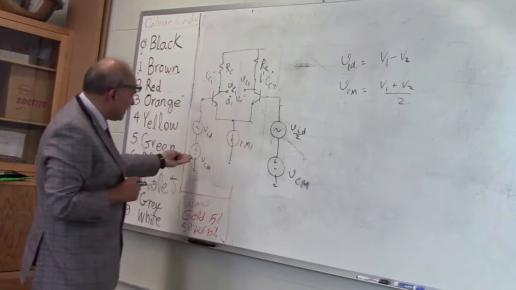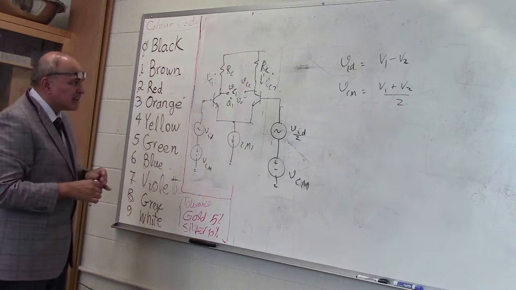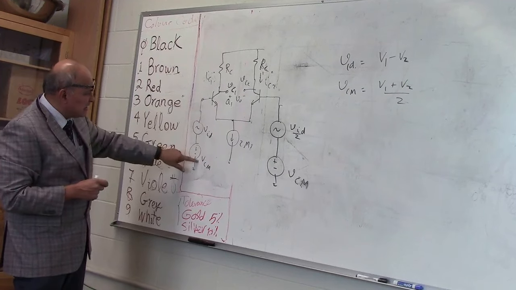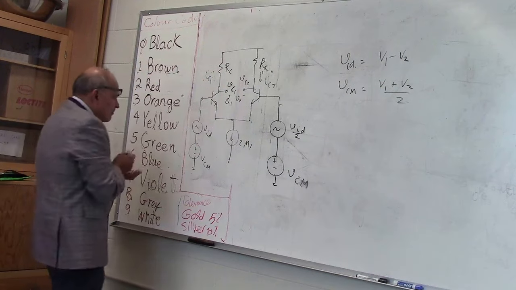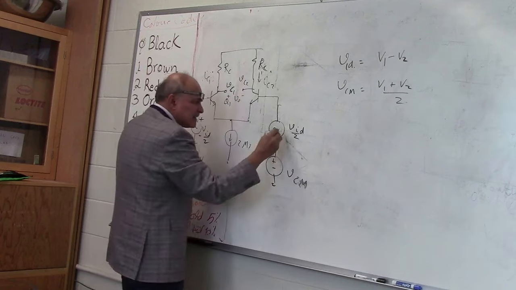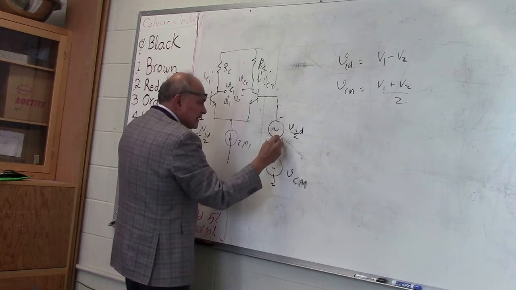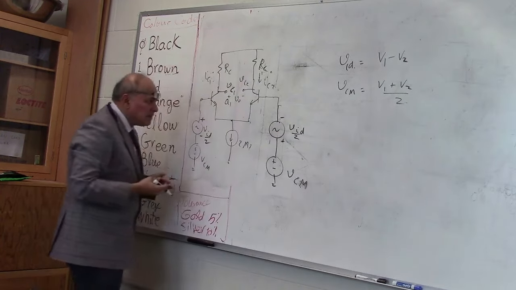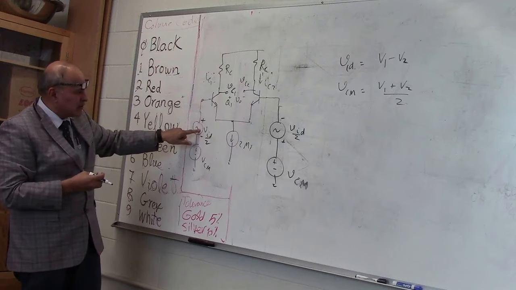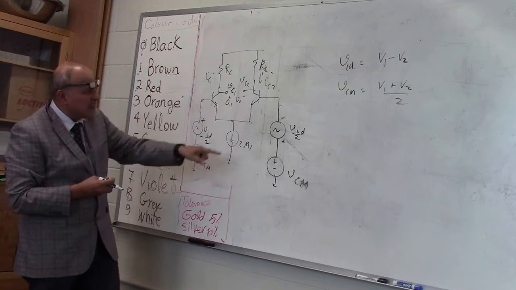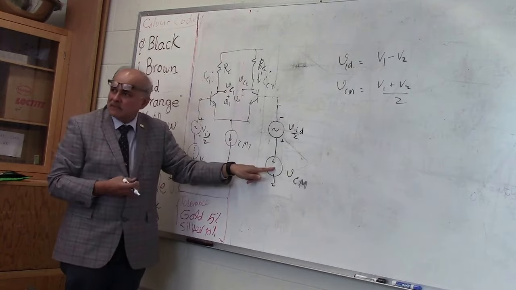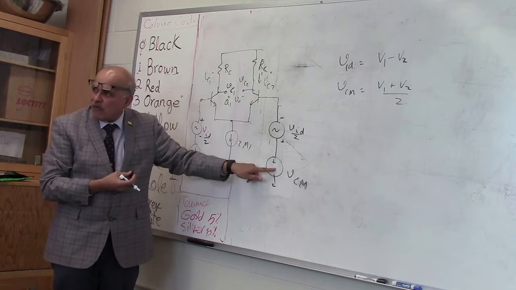In fact, if I've connected the circuit like this, you can clearly see that if I add these two voltages and take the average, I'll get VCM plus VID over 2 and VCM minus VID over 2, and the polarities are opposite. You can see if I add them up, the plus VID over 2 and the minus VID over 2 cancel each other out. I get 2 VCM divided by 2, which gives me VCM. Okay? So that's the common mode voltage.